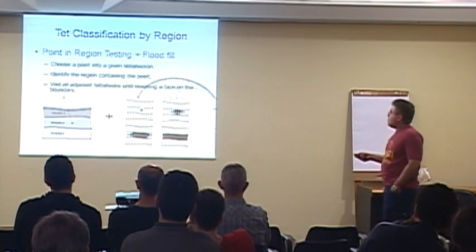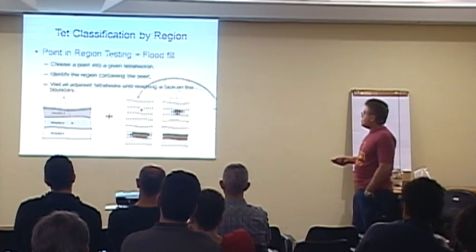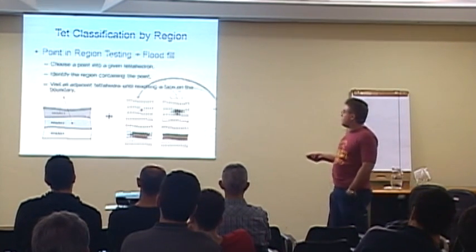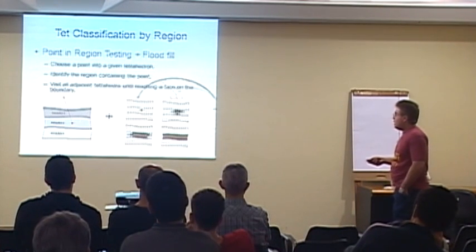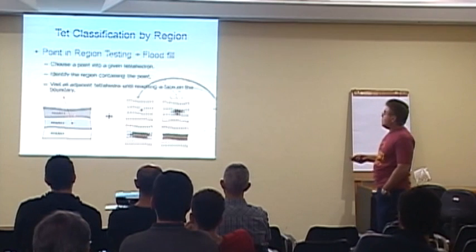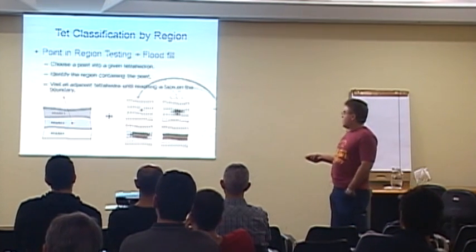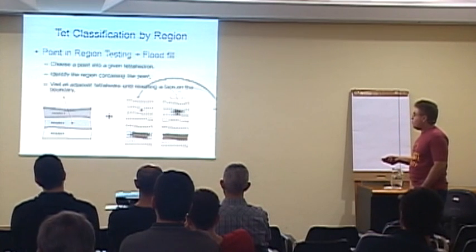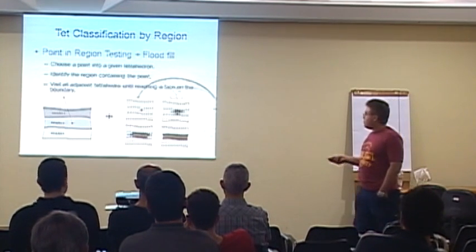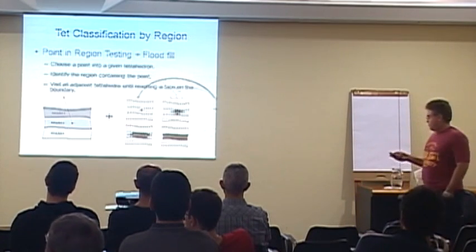We just use a flood fill algorithm where we choose a point inside a seed tetrahedron, and using a point-in-region test, we can determine the region it belongs to. Then using adjacency information, we can propagate this information until we reach the boundary of the region.